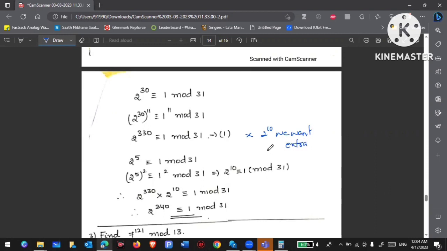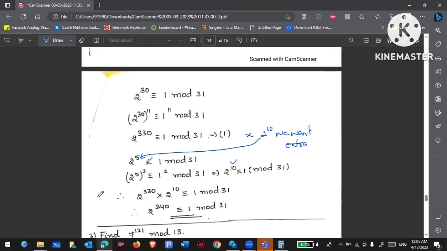How do we do that? We will split that like this. 2^5 we will find out first. 2^5 will give us 1 mod 31. This is true, you can check, you'll get the remainder as 1. Then 2^5 whole square can be done to get the 2^10 value, which is also 1 mod 31.